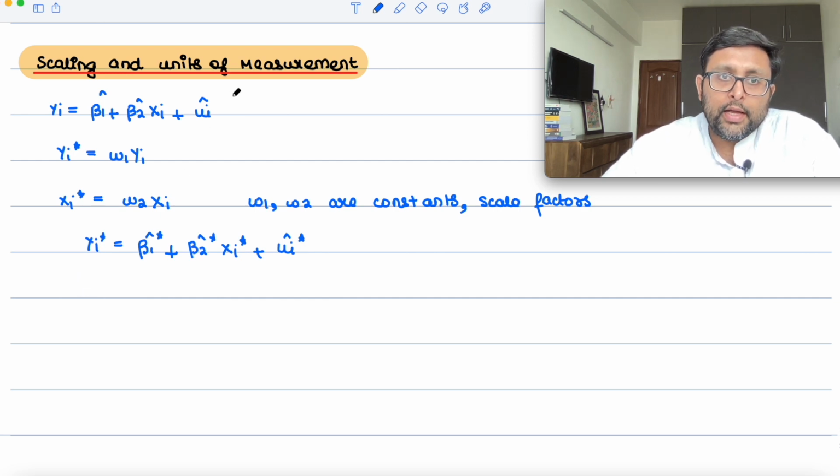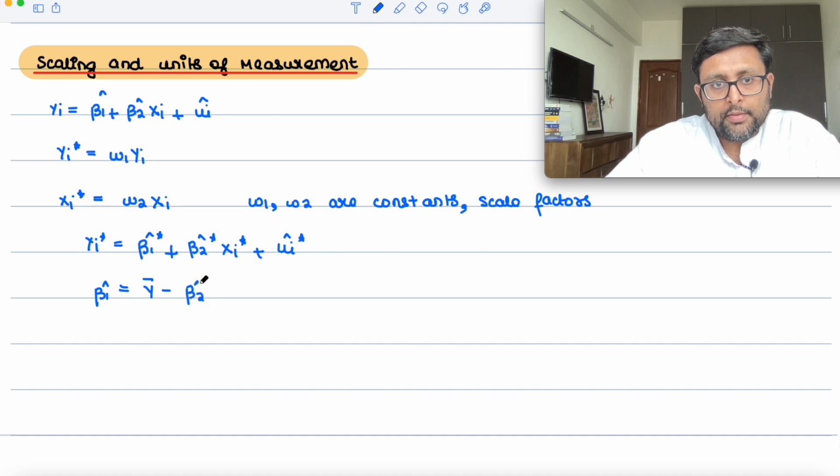If it were the original model, then beta 1 hat would be what? Beta 1 hat would be y bar minus beta 2 hat x bar. Now if it is this model, then beta 1 hat star would be y bar star minus beta 2 hat star x bar star, right? This is not the answer. We will have to write everything in terms of w1 and w2. So I'm just stating these things first of all.